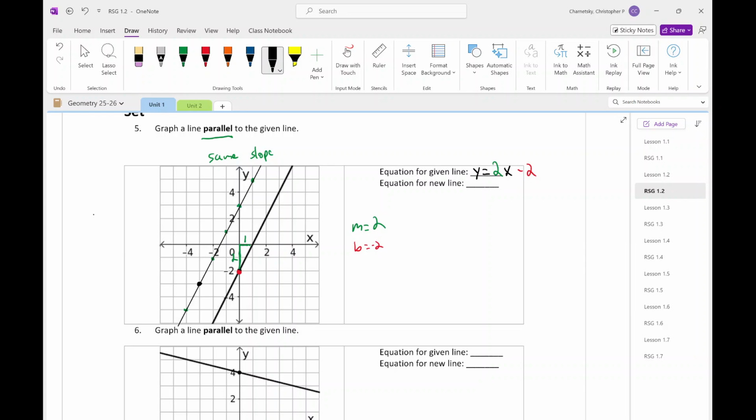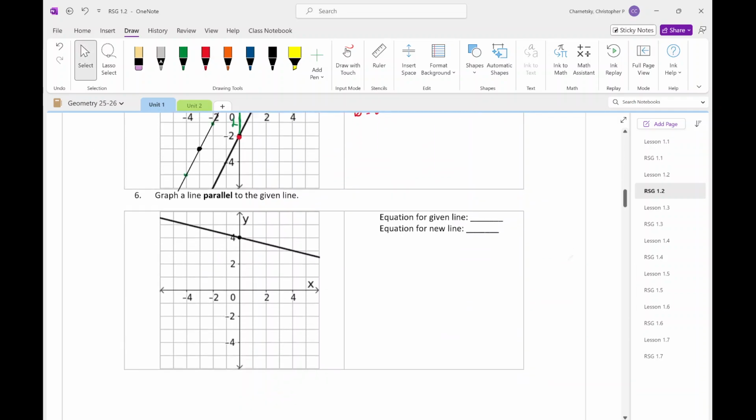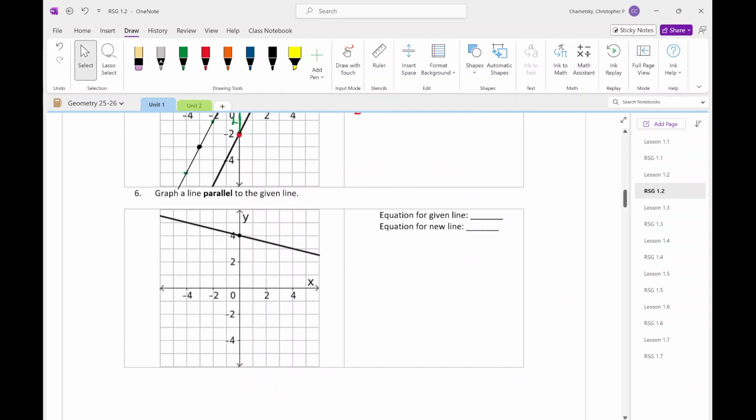So the equation of my new line, well, I can see I have a y-intercept of +3. So my slope is going to be the same. It's still going to be 2x. But my y-intercept is 3. All right, same thing for number 6.